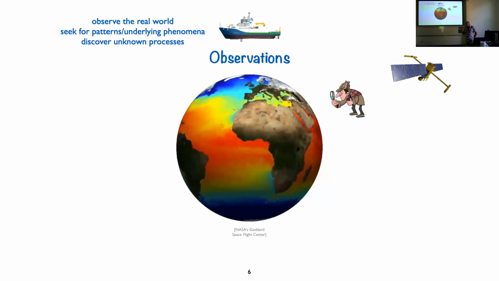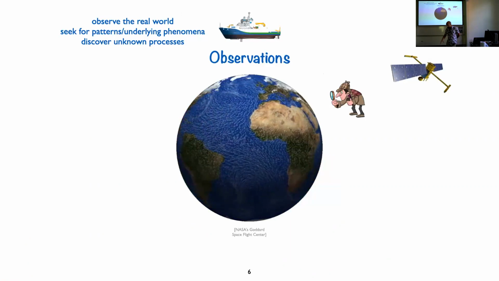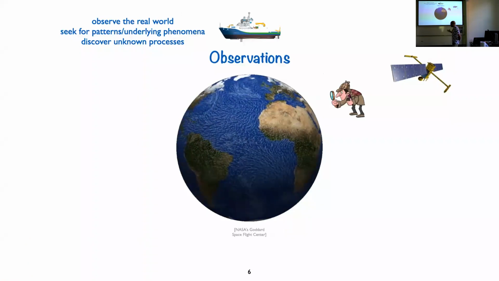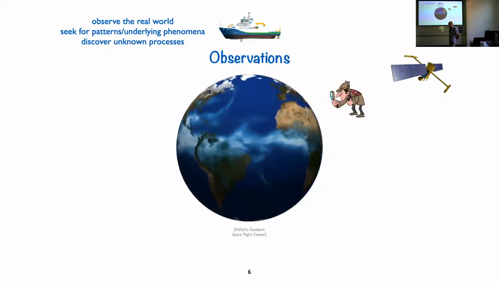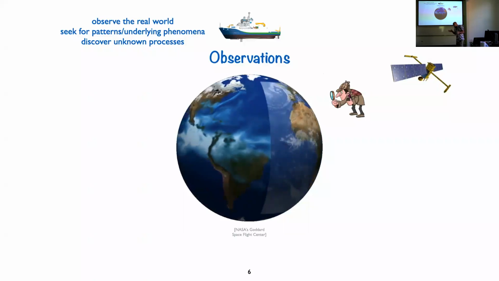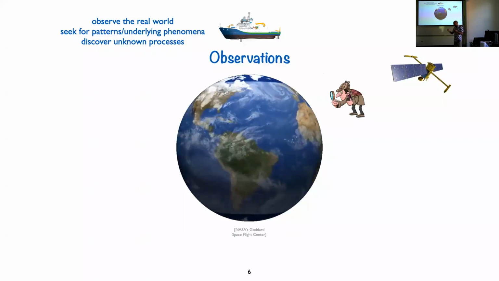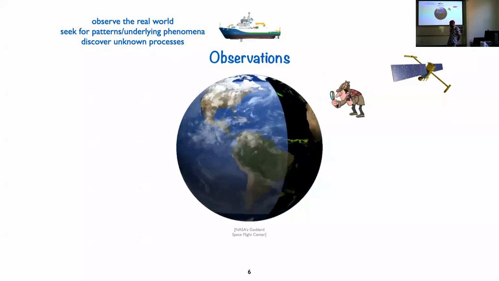In general, in climate sciences, we have both top-down approaches, like observations, like if you're observing via satellites or via research cruises, you are observing the whole, and then you're trying to understand from this whole which are the important physical processes, and you try to find patterns.